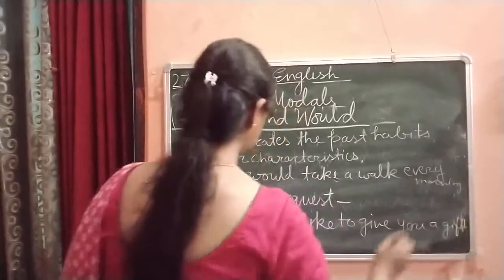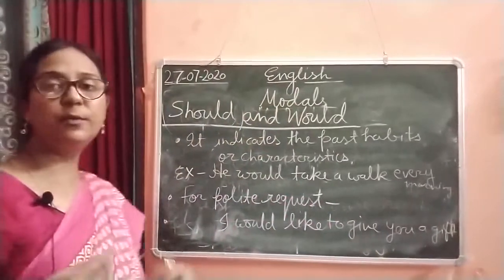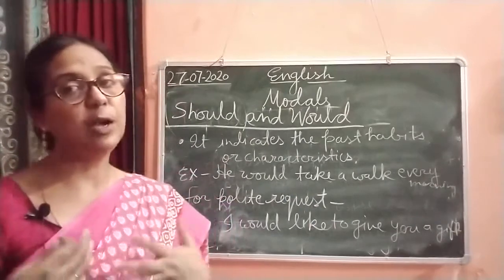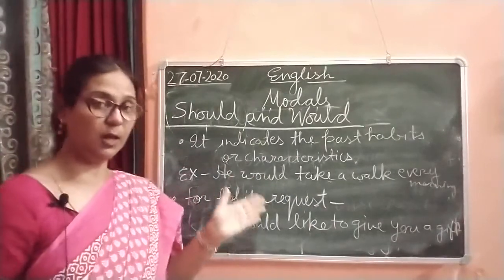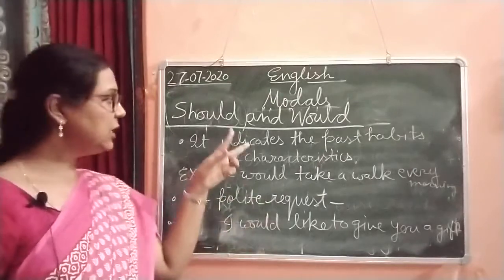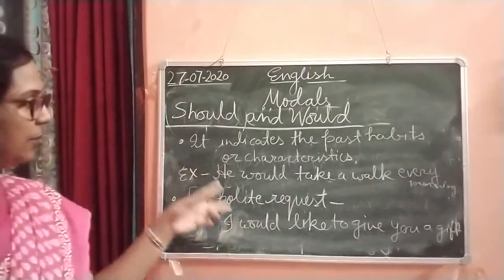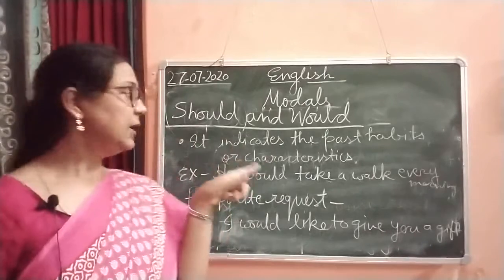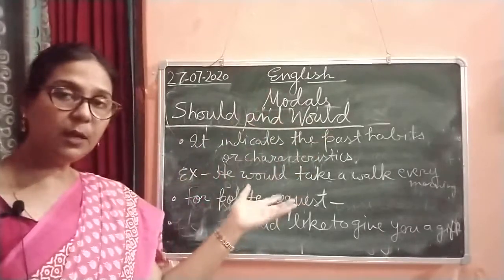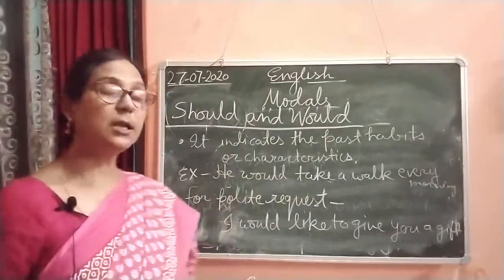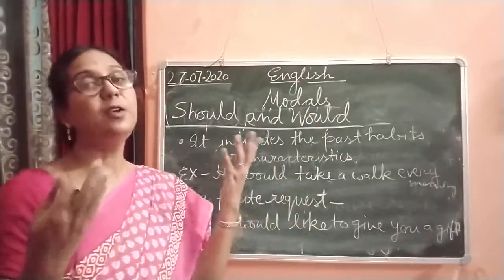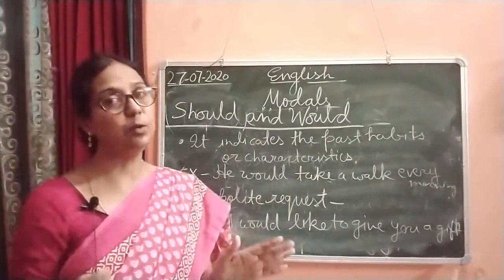Now here you can see, I would like to give you a gift. This is my polite request that I would like to give a gift. So that time we should use would over here. So these two uses we have to remember. First is to indicate the past habit or characteristic of someone, and the second point is that would is used in polite request. That time we will use would.